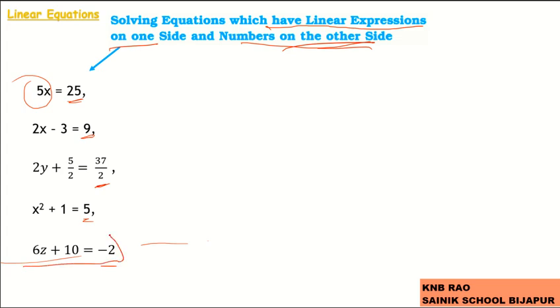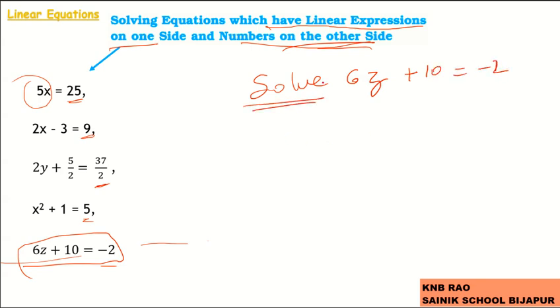Now can we solve this? Someone asks you, solve 6z plus 10 equals minus 2. You know how to do it. Either we use the transposing technique or the balancing technique. So 6z equals minus 2 minus 10.